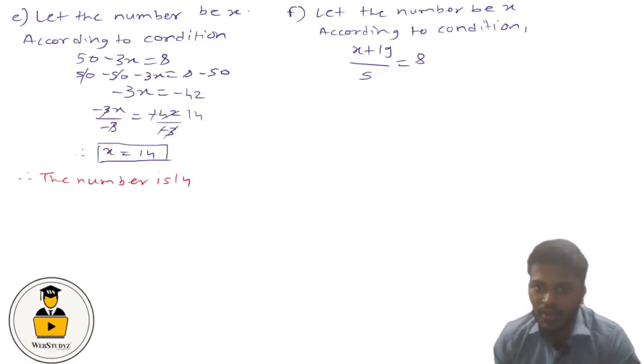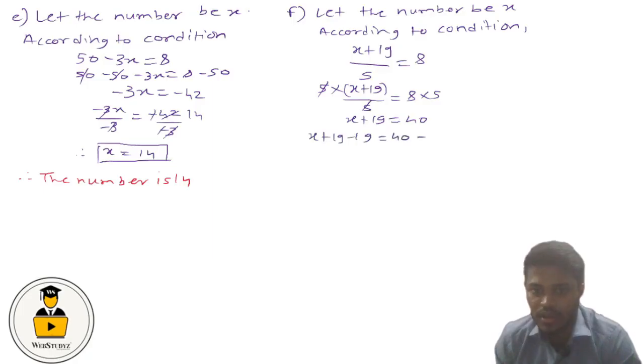Now the first thing that we will do here is we will multiply by 5 on both the sides. So 5 into x plus 19 divided by 5 equals 8 into 5. So this 5 will get cancelled. So it will be x plus 19 equals 8 into 5, which is 40. Now we will subtract 19 on both the sides. So x plus 19 minus 19 equals 40 minus 19. So this will get cancelled and we will get x equals 40 minus 19.